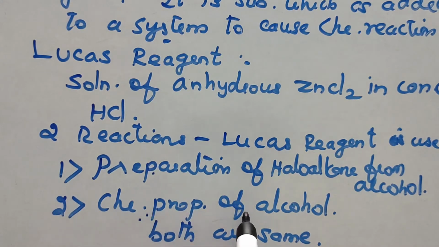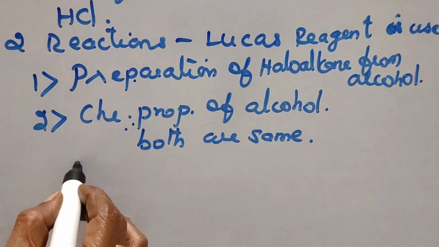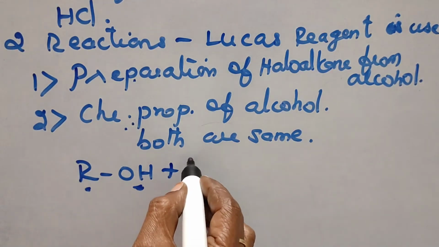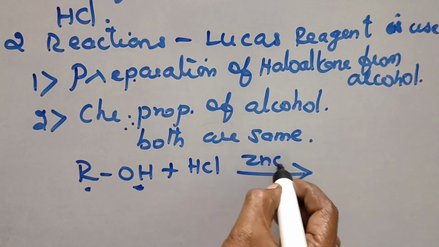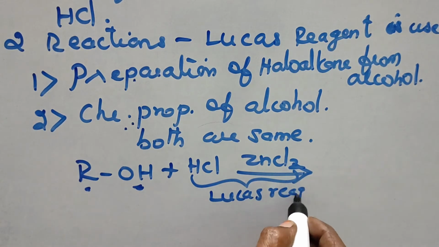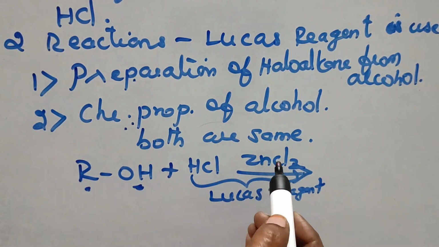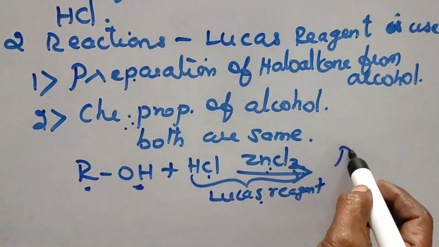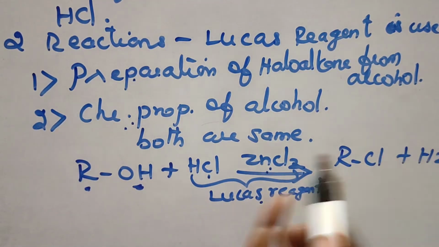The reaction is alcohol, general formula ROH. Alcohol means OH group, the functional group. R is alkyl group. So ROH plus HCl, ZnCl2. These two together are called Lucas reagent. We have already seen that a solution of anhydrous zinc chloride in concentrated HCl is called Lucas reagent. So here RCl and H2O are formed.